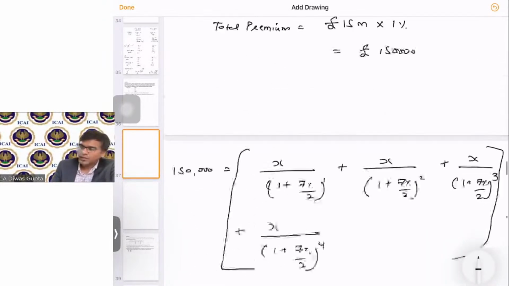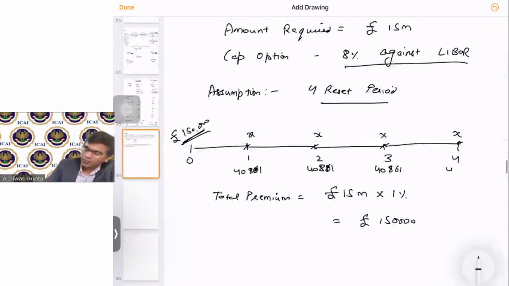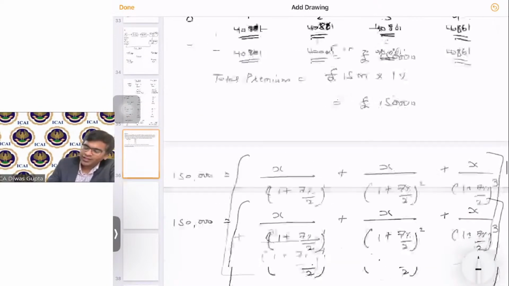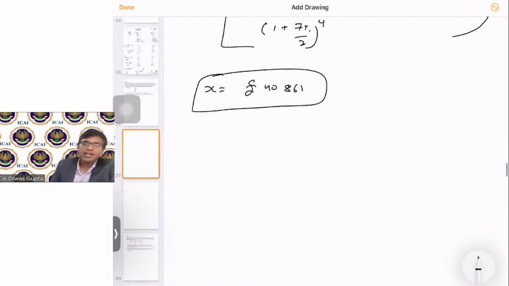Okay, so this 4861 is the amount that is coming as an equated amount. And if we sum this after taking the present value, it will be equal to 1,50,000. Now we have the equivalent amount of cash flow for 150,000 at 4861.